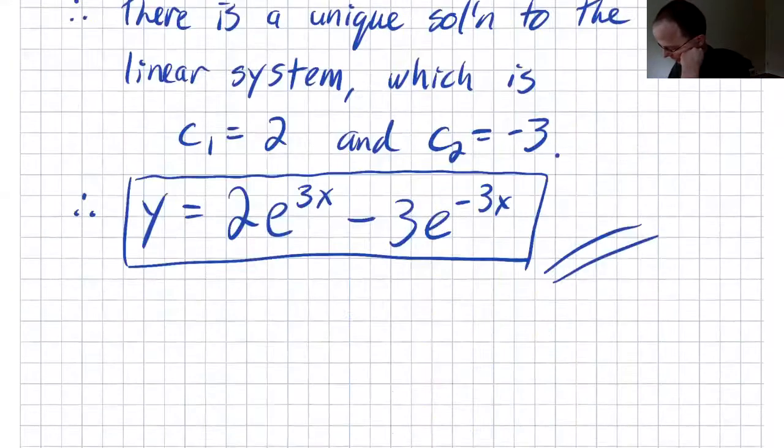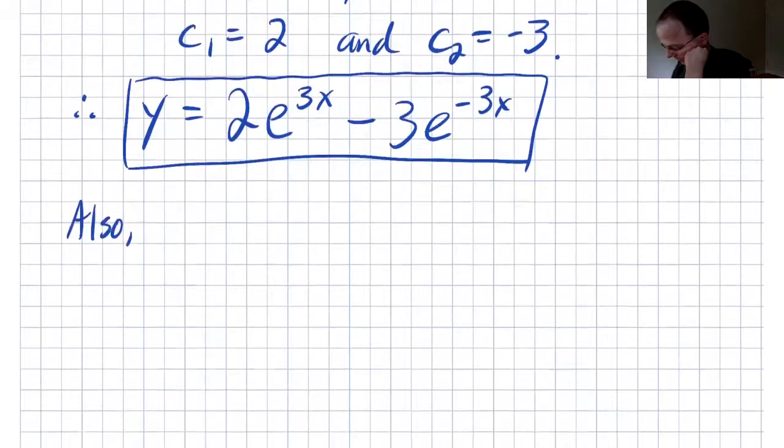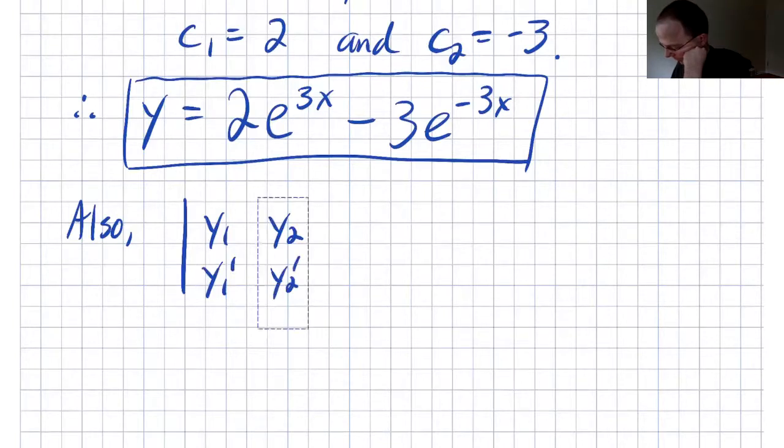So let me undo this. So let's just also do y1, y2, y1 prime, y2 prime. I guess I could throw the a in there, but let's just leave it like this. So we'll just do it with the x.